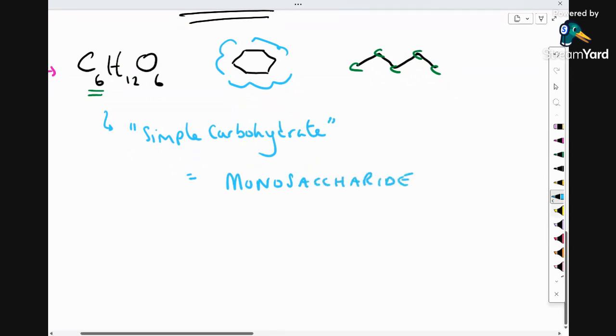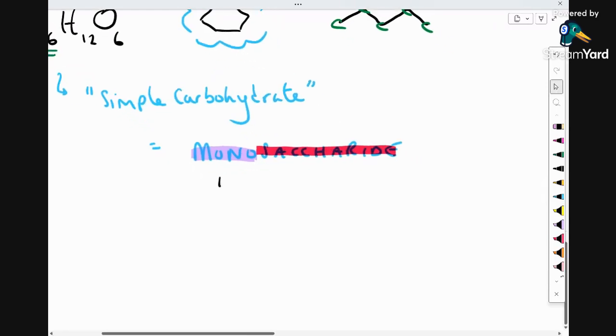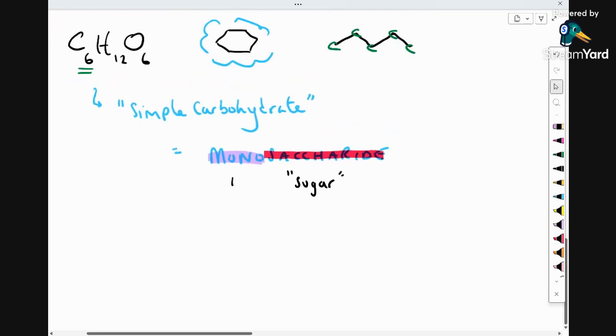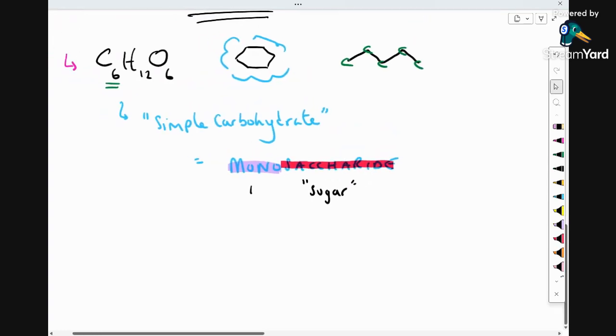Hopefully this is fairly straightforward: mono refers to there being one unit, one sugar. And saccharide comes from the Greek saccharon, meaning sugar. So quite literally, the term monosaccharide means one sugar.